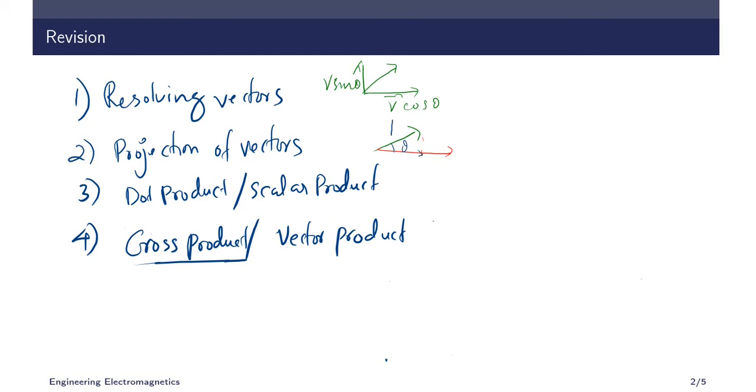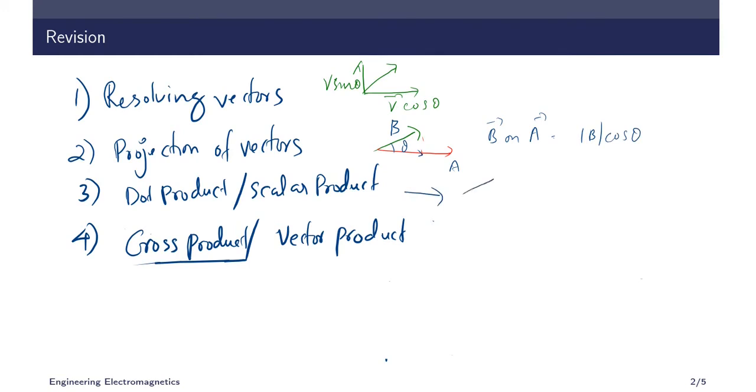If this is b, this is a, then the projection of b on vector a is given by mod b cos theta. We have discussed about dot product, otherwise called the scalar product.